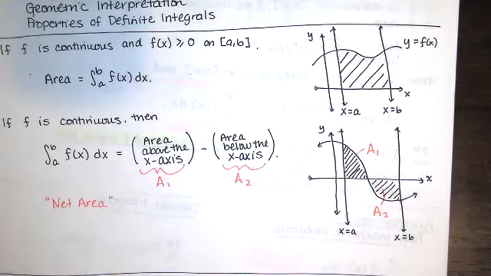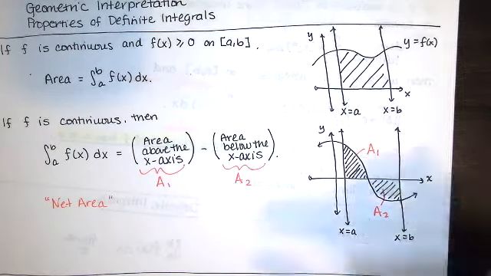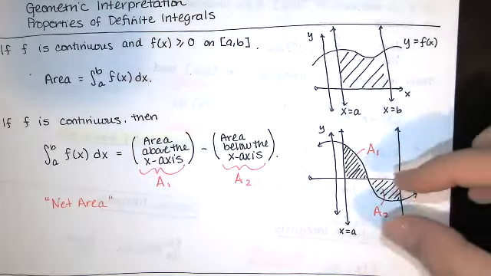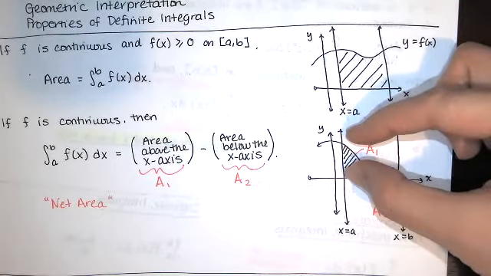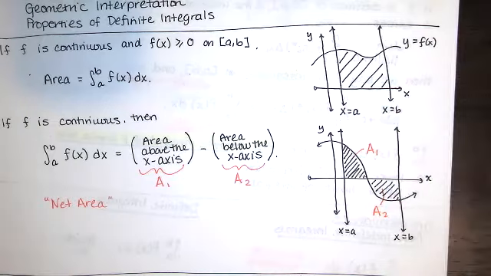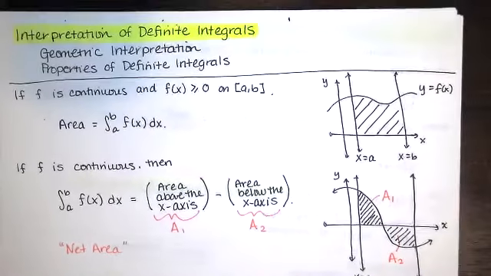So this definite integral could be a positive number, a negative number, it could be 0. But we're interpreting it geometrically as this net area. It's the area above the x-axis minus that area below. So keep that in mind.